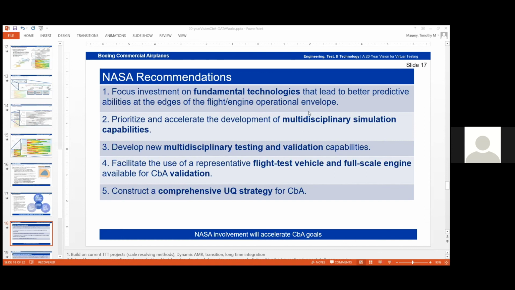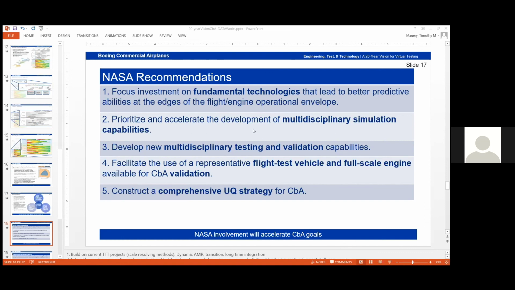There are X-planes or the eco-demonstrators where we might be able to piggyback onto existing testing that NASA is going through, or even a dedicated flight test vehicle similar to the A320 Victoria project that DLR is doing.